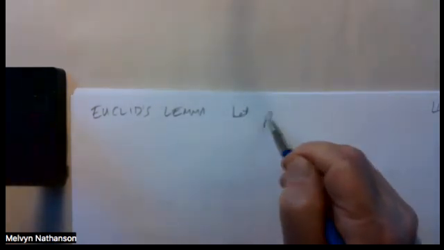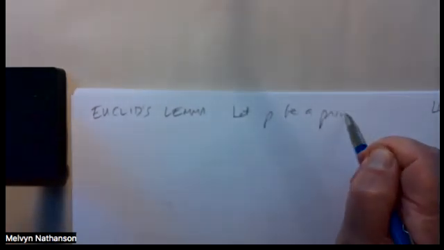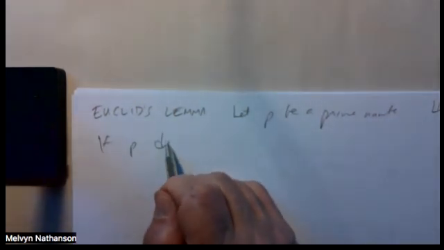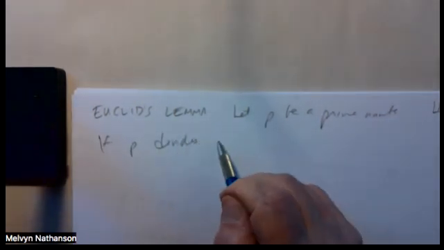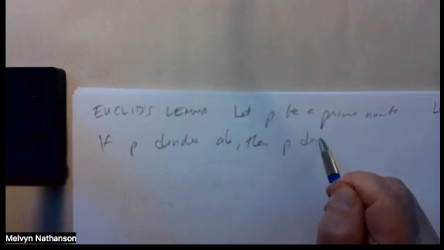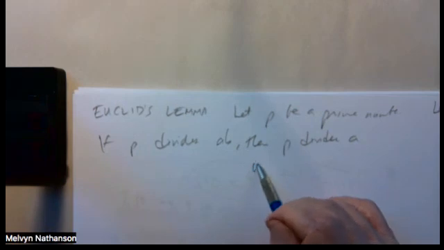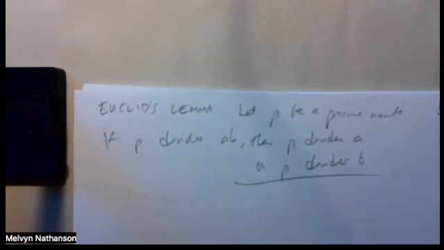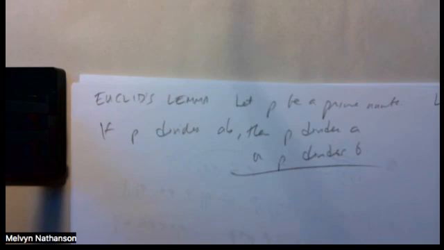It says, let P be a prime number. If P divides the product of two integers, A times B, then either P divides A or P divides B. It's like saying if you have a molecule, it's made up of atoms, and your atom is in the molecule.